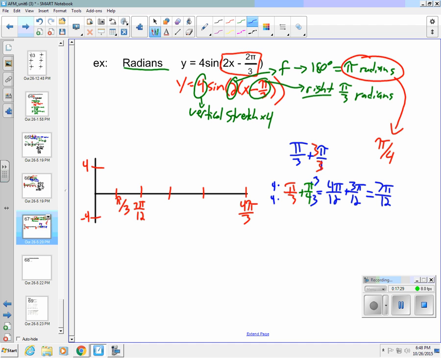Right, then we're going to do the same thing. We're going to take the 7 pi over 12, and we're going to add another pi over 4, or 3 pi over 12, which gives us 10 pi over 12. If you want to leave it like that, that's fine, but you can also write this as 5 pi over 6.